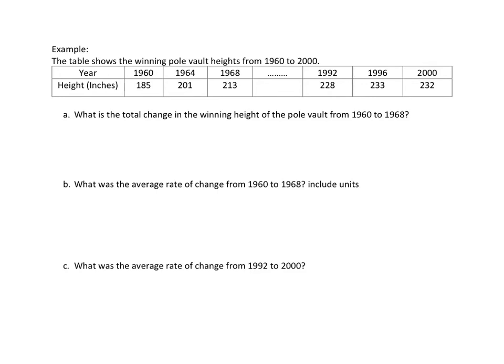Or we're looking at how much this winning height has increased. So I would say, well, then 213 minus 185 would be 28 inches. So the winning height has increased 28 inches from 1960 to 1968.